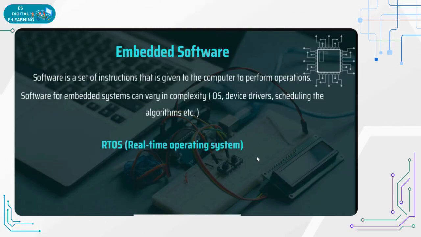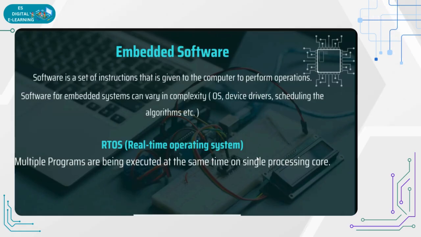And RTOS, real-time operating system. So what exactly are we doing? Whatever application software we are making, the programs we develop need to perform the task. That is a major activity that we should do.